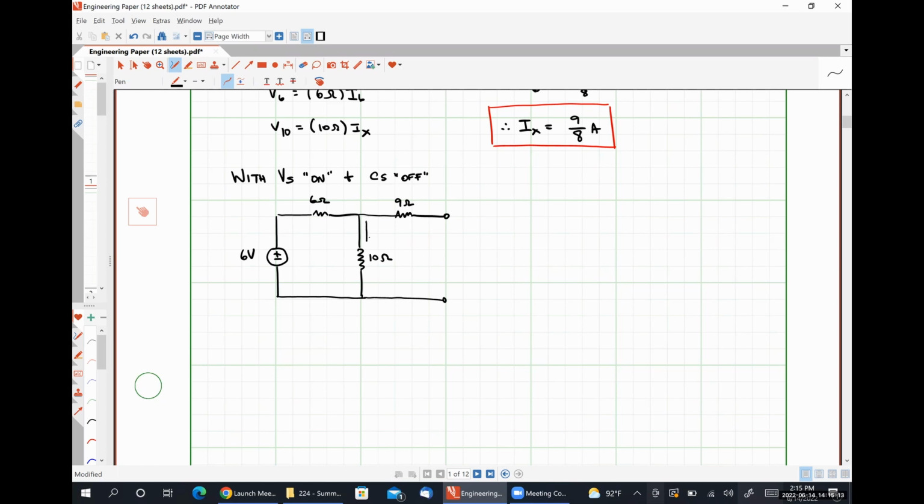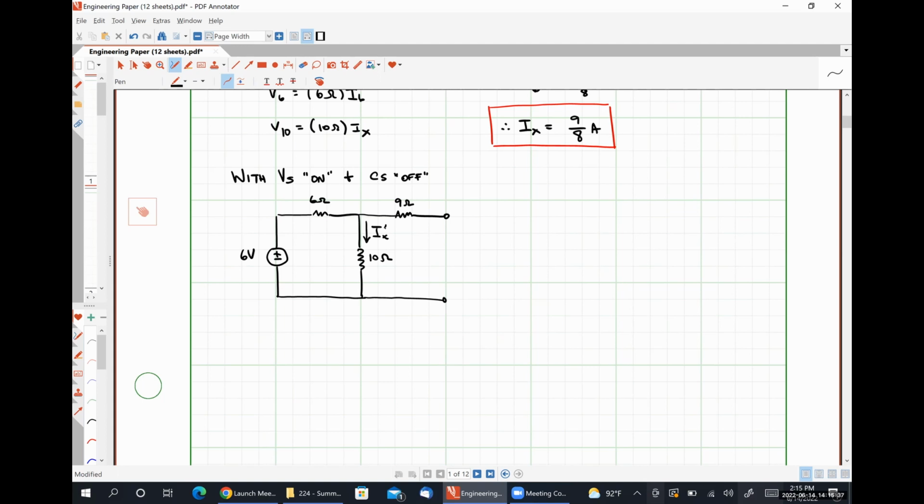I'm going to label my current of interest IX, but I'm going to designate it with a prime here. This prime simply means that this is the first iteration of superposition that I'm doing. When we do our analysis with our voltage source off and our current source on, I'm going to call that current IX double prime.